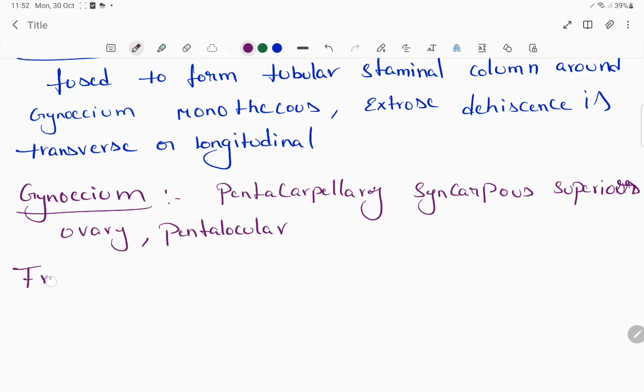Coming to the fruit, most of the members have a loculicidal capsule.